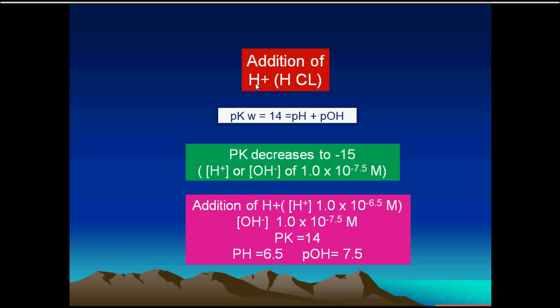Addition of hydrogen ion will increase its concentration, and instead of being minus 7.5, it will be minus 6.5. In this case, the two together should be 14. This means that the pH of minus 6.5 will be 6.5, and the pOH will be 7.5.